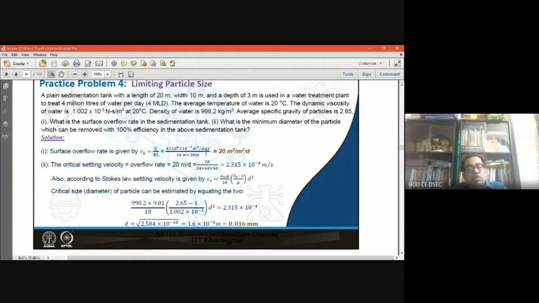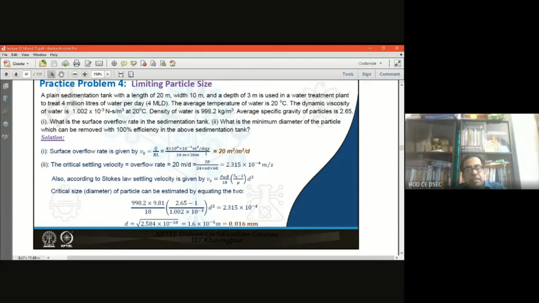Here in the question, because of 100% efficiency, you have to find out the minimum particle diameter corresponding to 100% efficiency. What does it mean? It means the critical velocity V0 is nothing but Vs, then only 100% efficiency will be achieved.